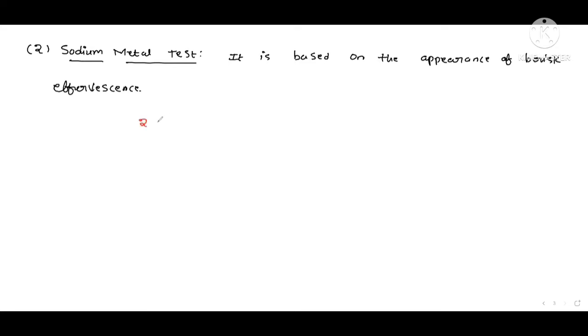When alcohol, that means methanol, is reacted with active metal, that means sodium, to form sodium methoxide, hydrogen gas is liberated. By the liberation of hydrogen gas, you can clearly conclude that the given compound contains the alcohol functional group, that means the OH group.